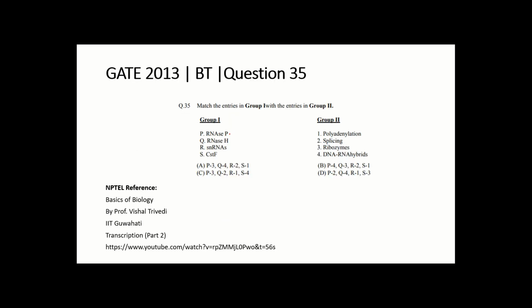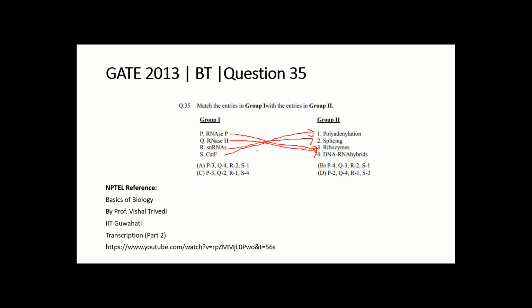So P will be 3. Next is option Q, RNase H, which cleaves RNA in an RNA-DNA hybrid, so it will go to option 4. So P3, Q4. snRNA takes part in splicing, as we discussed, so R2. And CSTF is responsible for polyadenylation, so S1.